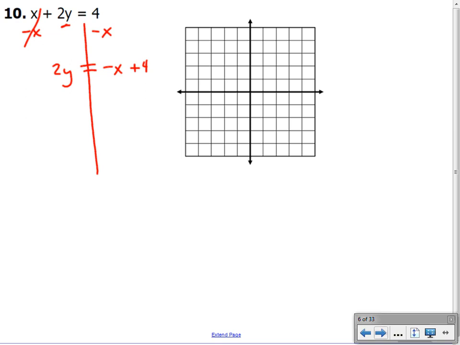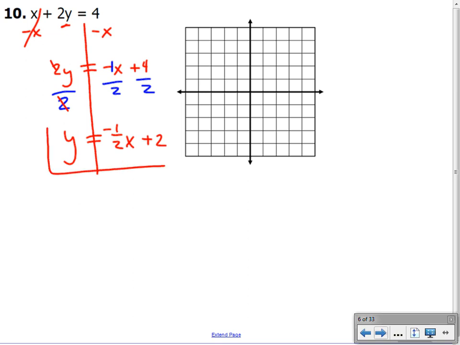So if I divide by 2, here it's going to cancel, and then I have to divide this by 2 and this by 2. Now keep in mind this is a -1x. On the left side, these canceled, and we're left with just y. -1x divided by 2 is really just -1/2x, and 4 divided by 2 gives us 2.